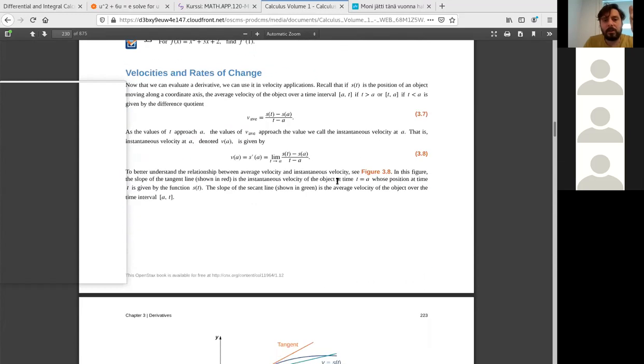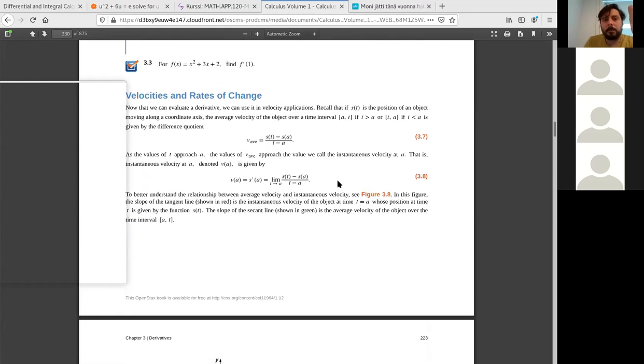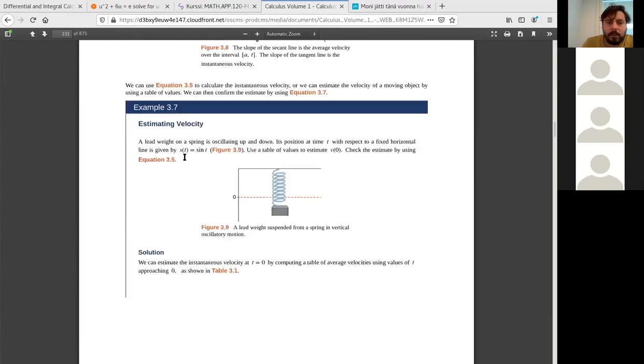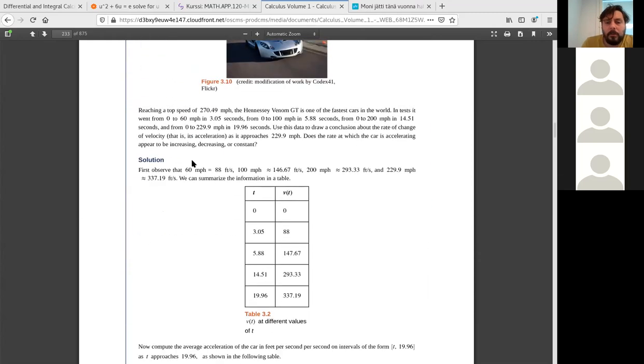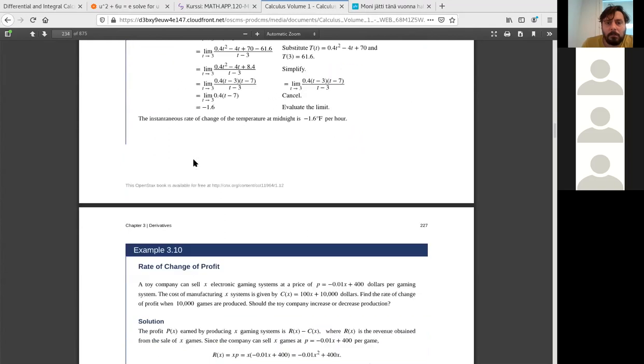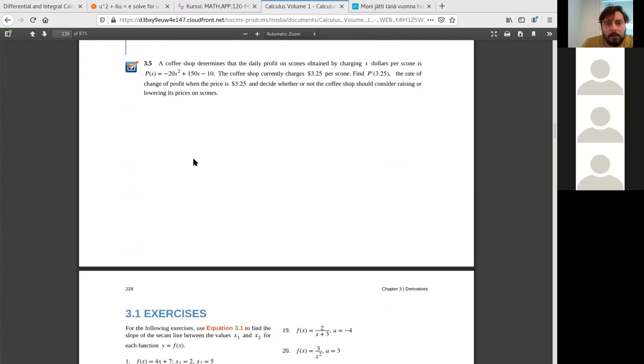But I would rather skip that part and first discuss some of the applications of the derivative. I think we'll have a group session now, because we can then talk about velocities and rates of change.